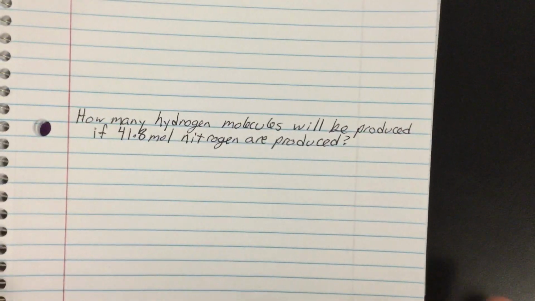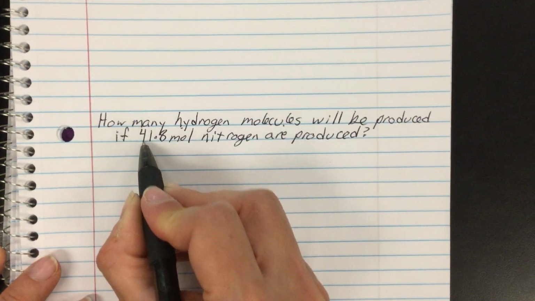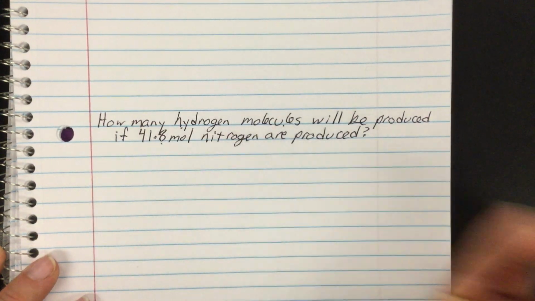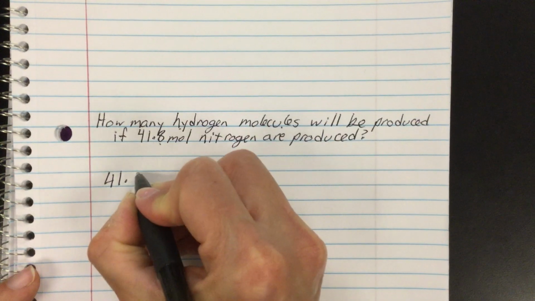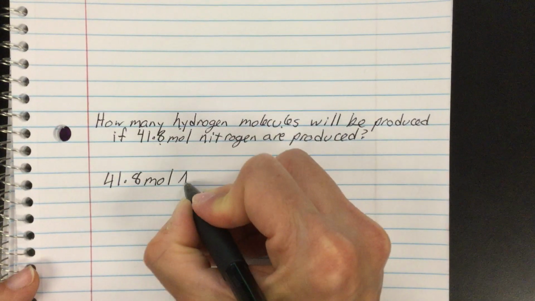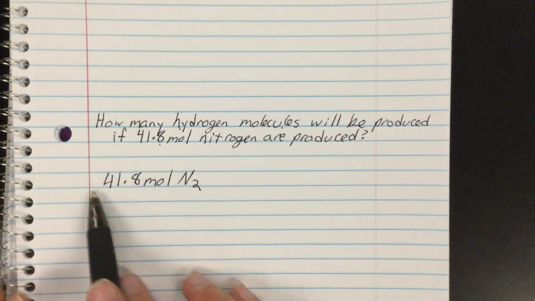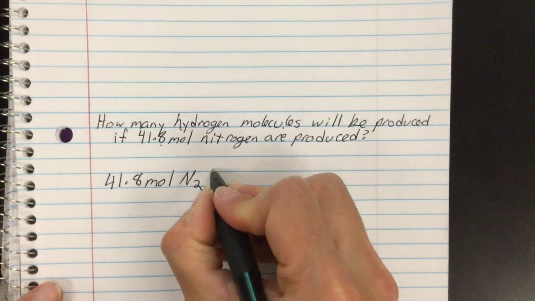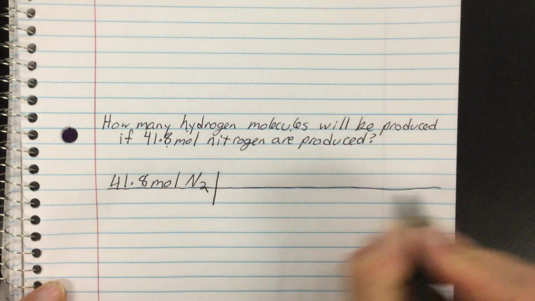Okay, last one. What would happen if I needed to know the number of hydrogen molecules produced when I have 41.8 moles of nitrogen produced? Okay, we start with whatever you're given. It does not matter what's produced or what's reacted. The number you're given is the number you're going to start with.